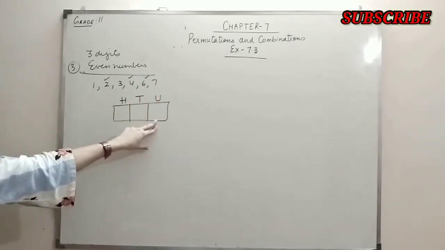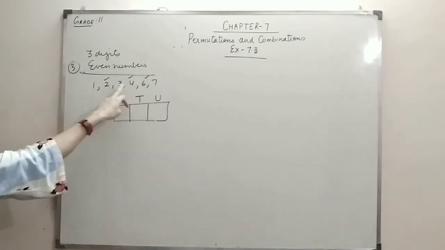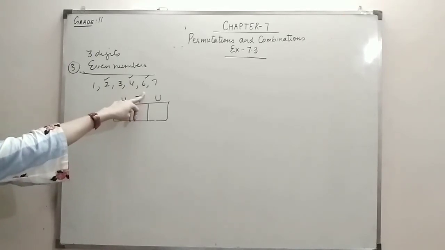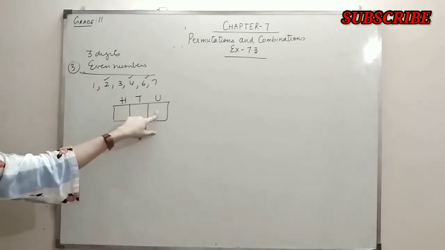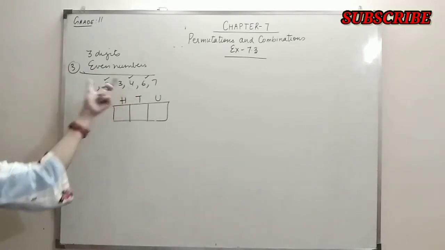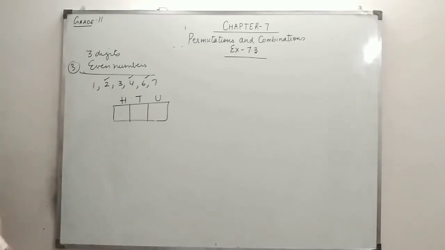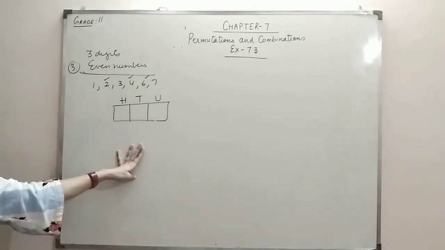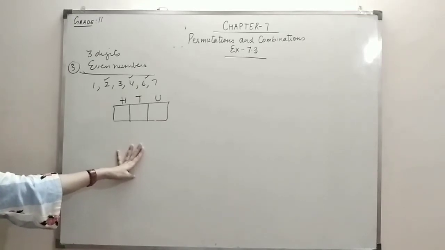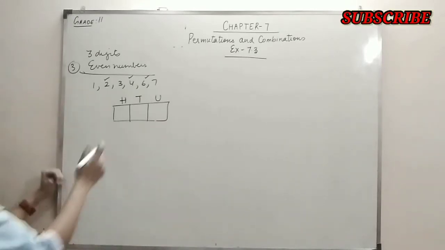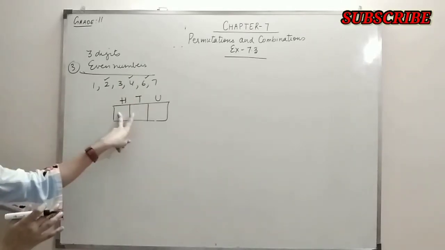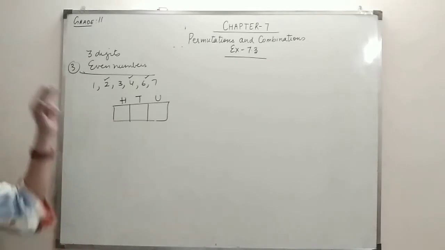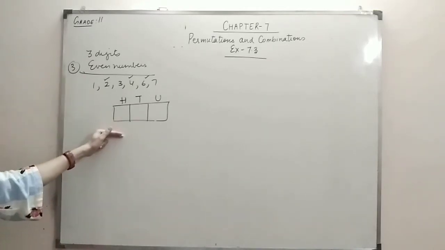Once we fill one number out of 2, 4, 6 in the unit place, we are left with 5 numbers out of these 6. The remaining 5 digits can be arranged in the 2 places left, in permutation 5 2 ways.